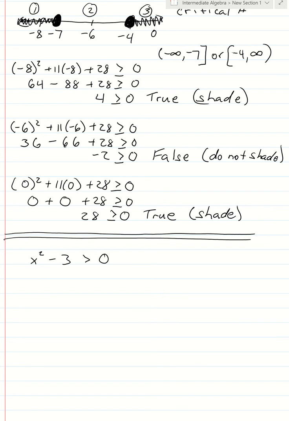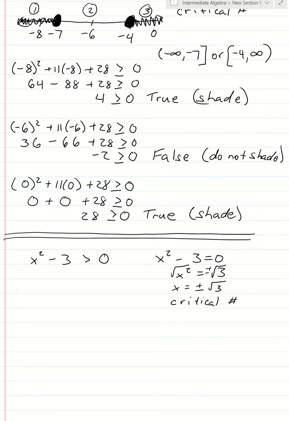Well, here this is not factorable, and I'm not going to use the quadratic formula, because if I take a look at this equation of x squared minus 3 equals 0, I recognize that I could use the square root method, because I have the squared quantity and the numerical quantity. So I will add the 3 over. x squared equals the positive 3. And then I have to take the square root of both sides. And that would give me x equals plus or minus the square root of 3.